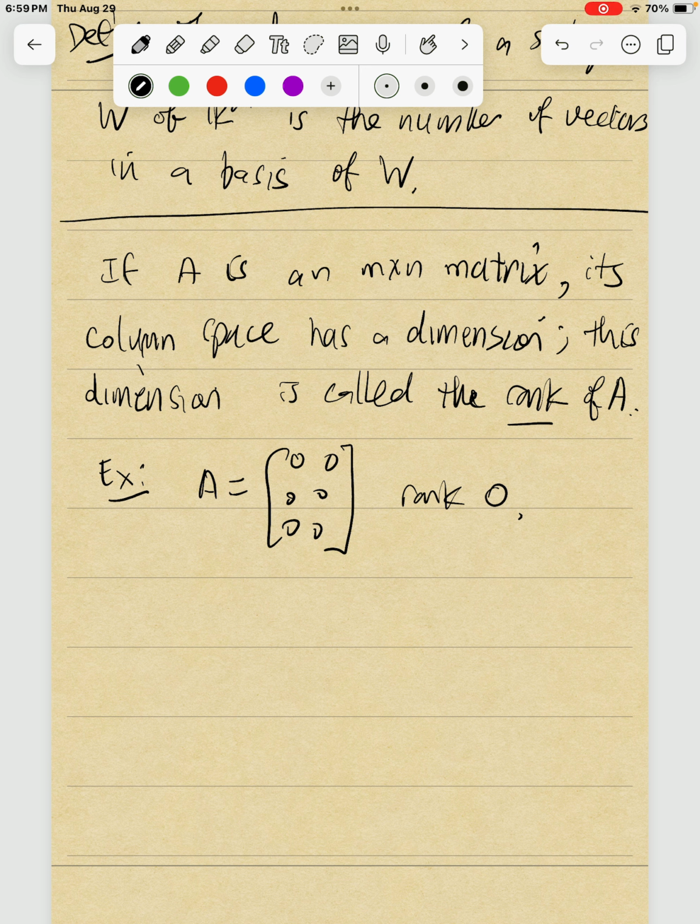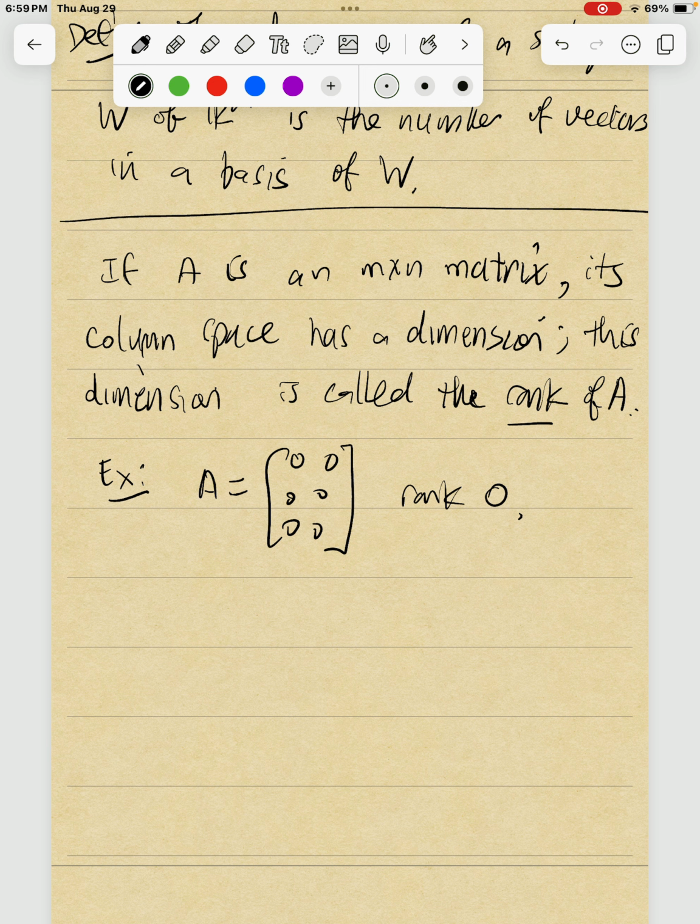Maybe that's something I should have mentioned. When you have the 0 vector being a subspace, or technically the set consisting of the 0 vector, maybe the definition of a basis doesn't apply in that case, because you have to talk about linear independence and spanning.